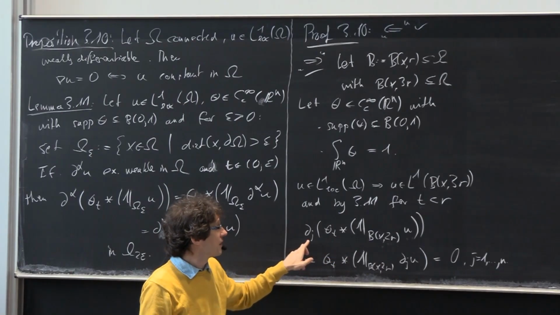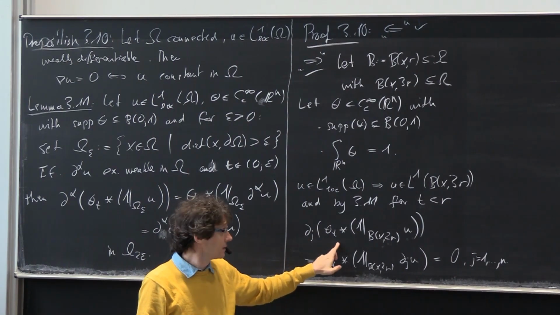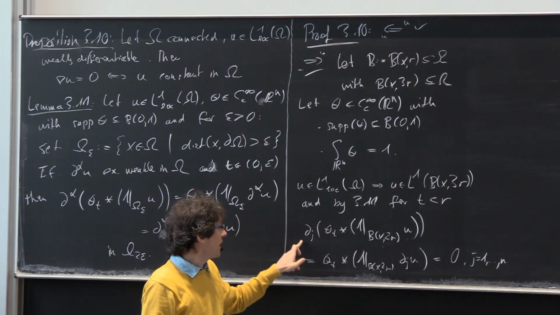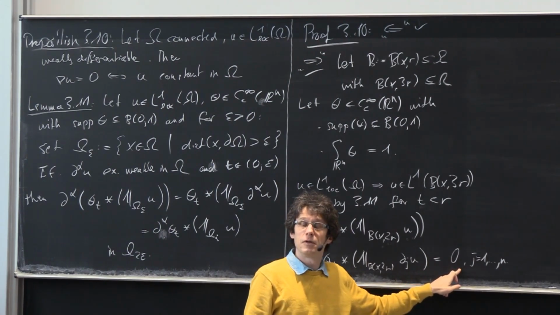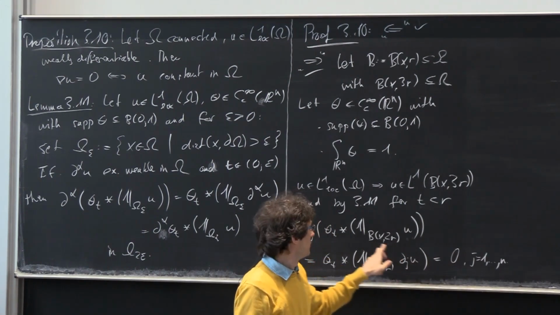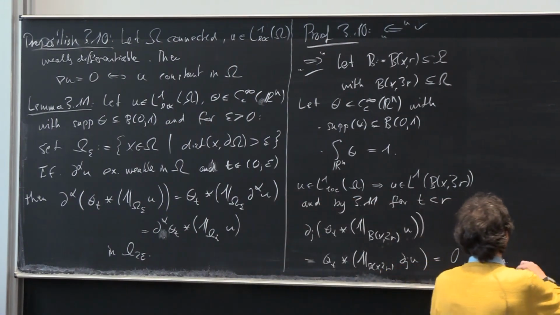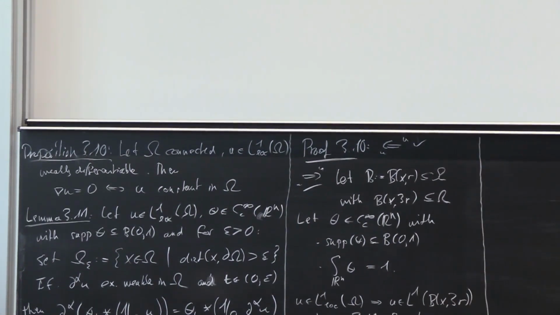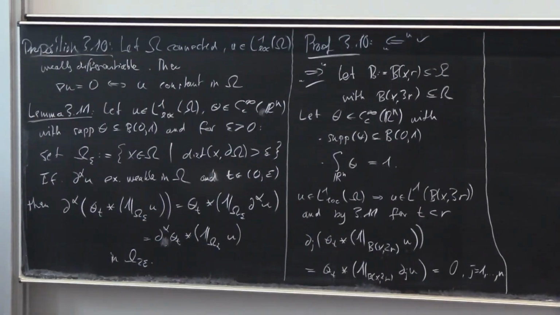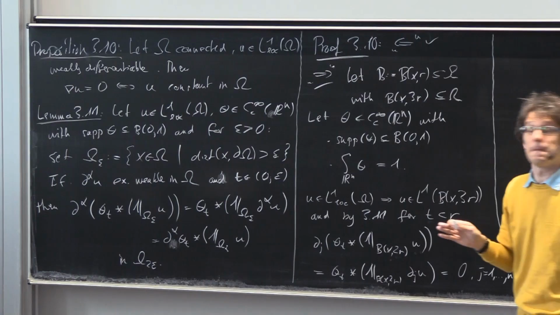So this derivative is a classical derivative, or you can interpret it as a classical derivative, because this is a smooth function. So what you have here is a smooth function and all the derivatives are 0. But then we know what to do. So this function is constant. So somehow, with this trick, we get back to the known result about classical derivatives.